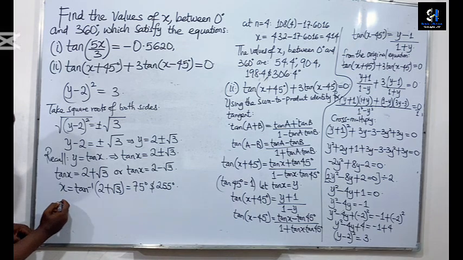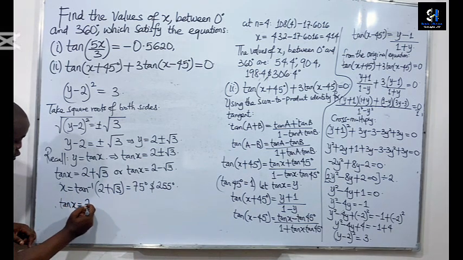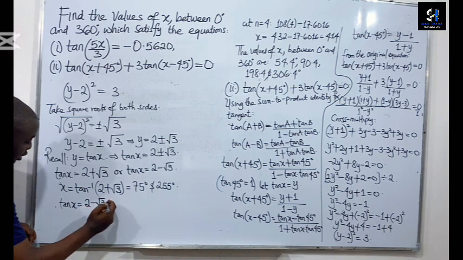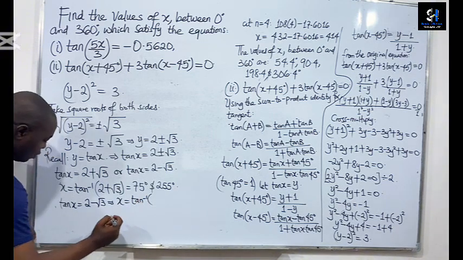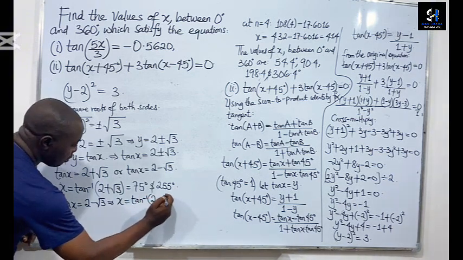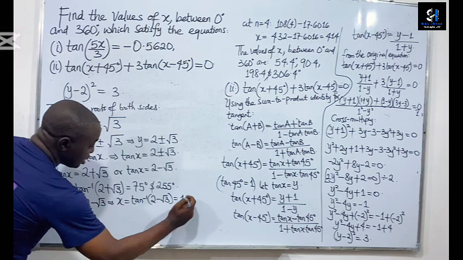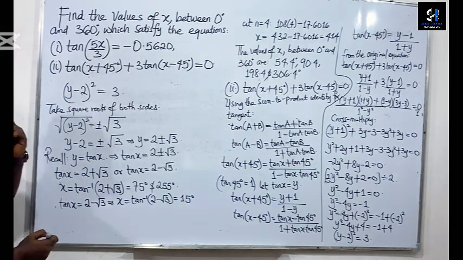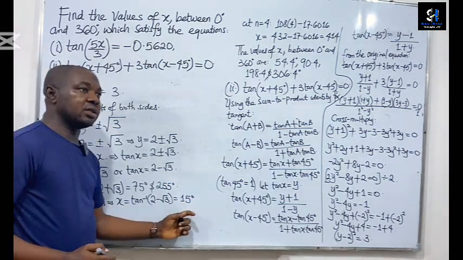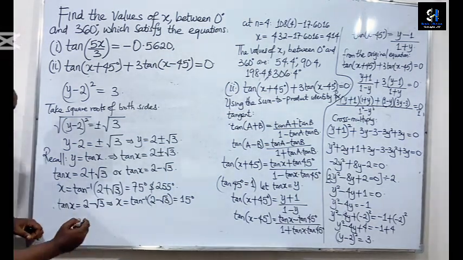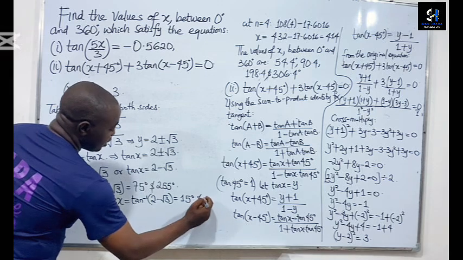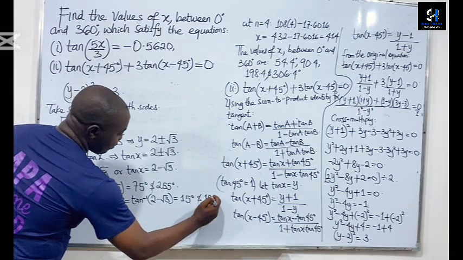Then also from tan x equals 2 minus radical 3, x will be equal to the inverse tan of 2 minus radical 3, and this is 15. So we're going to have 15 and 195 degrees.